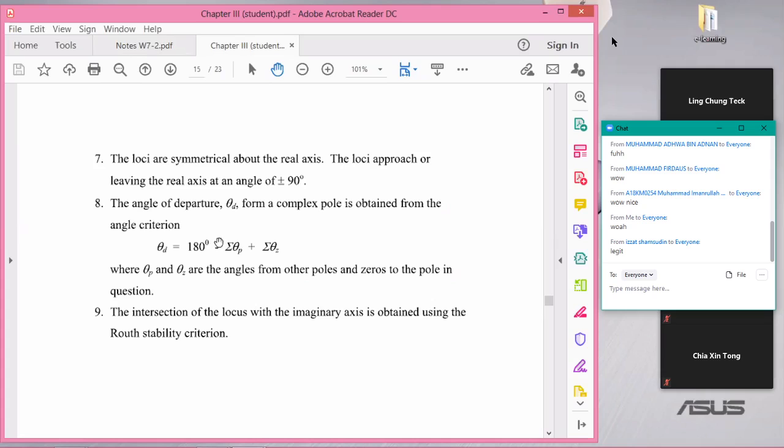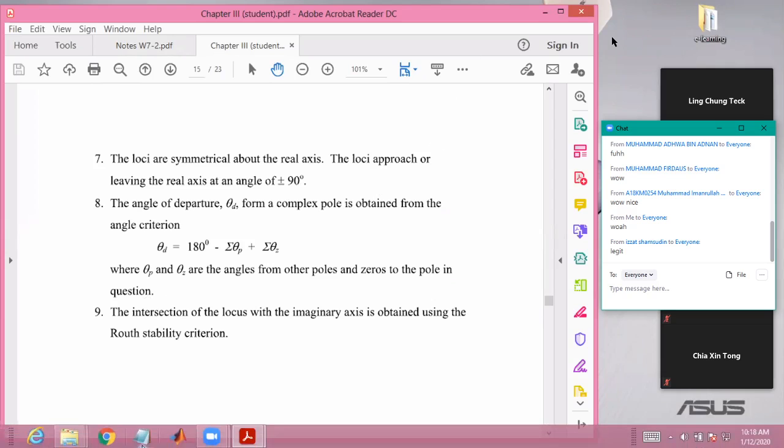You compute that by 180 minus angles from all other poles, plus angles from other zeros. Again, theta p is angles from other poles, and theta p and theta z are angles from other poles and zeros to the pole in question.